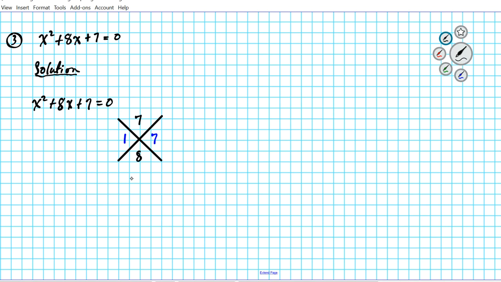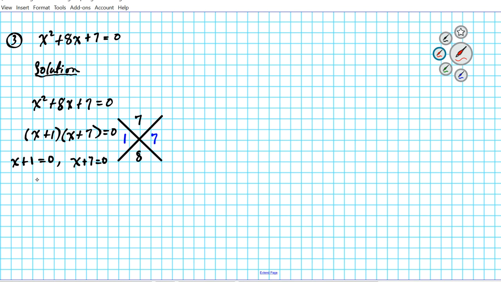Okay? So in this particular case, we know A is equal to 1, so we can skip grouping. So we have x plus 1 times x plus 7 equals 0. And then using the zero product property, we set both factors to 0 and solve.